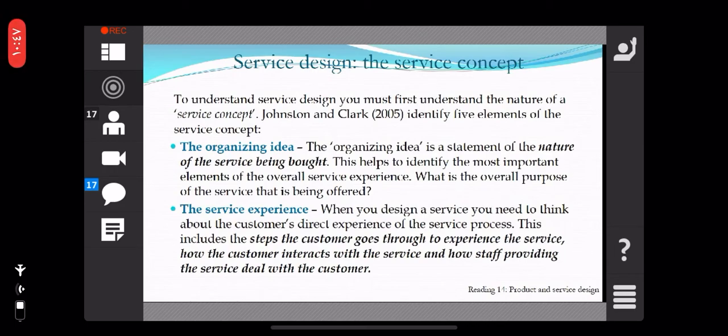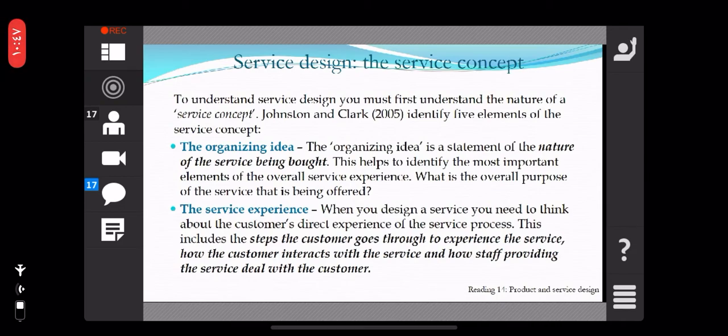The organizing idea is a statement of the nature of the service being bought.